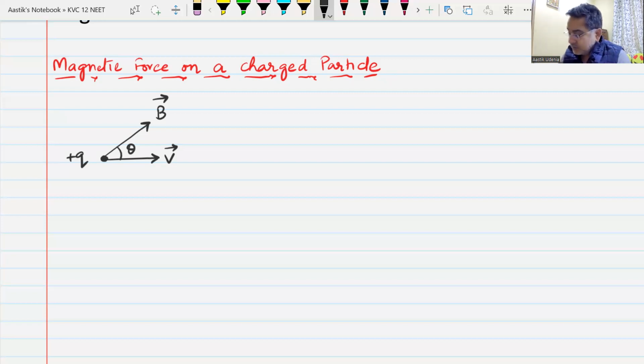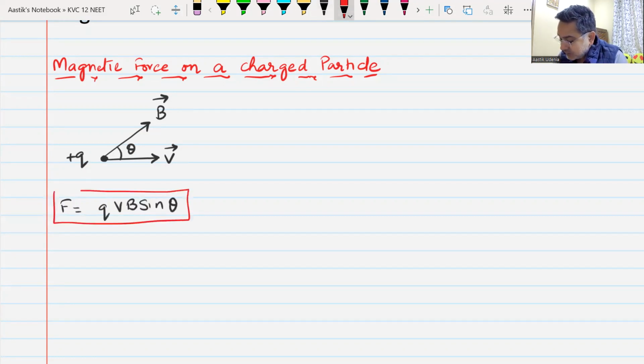We can find out the force on this charge particle, and the value of the force is given by QVB sine theta. QVB sine theta will be the force on this charge particle which is moving inside a magnetic field.